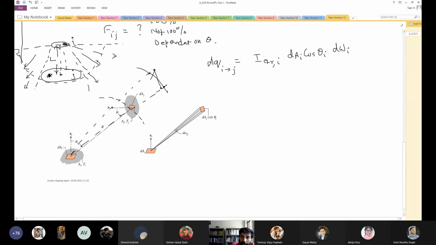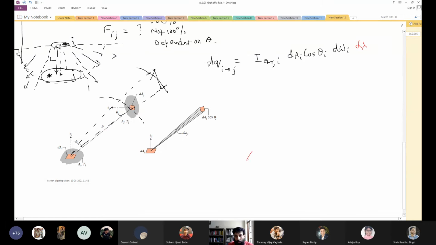As we said, the intensive quantity is made extensive by multiplying by d lambda, d omega i, dAi cos theta i. Cos theta i is the direction in which we are seeking the amount of energy radiated and intercepted, and this is on the hemispherical area.